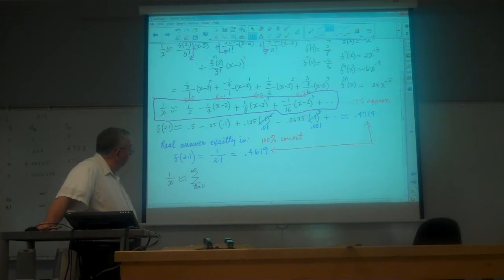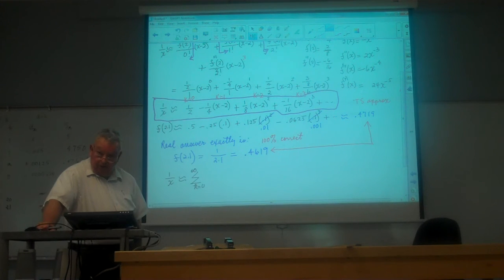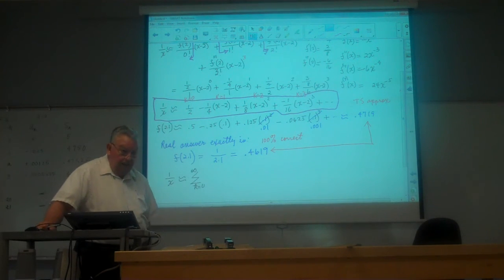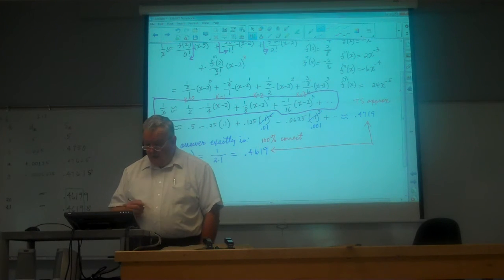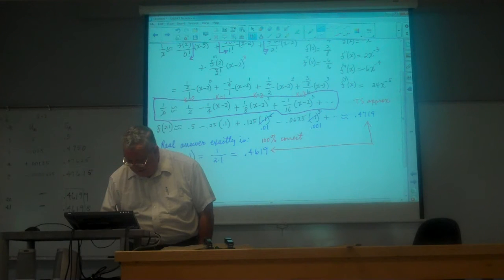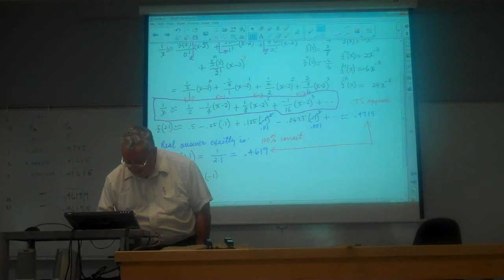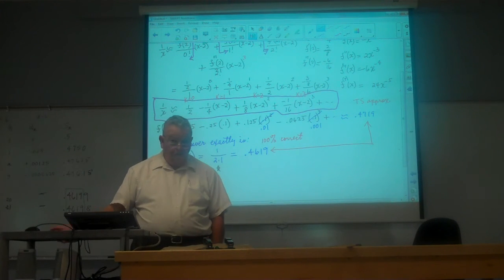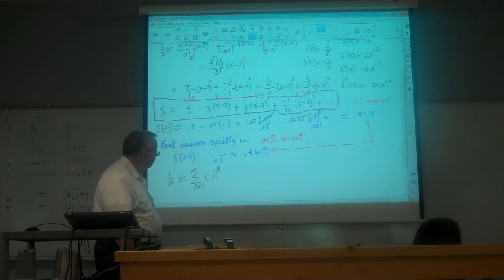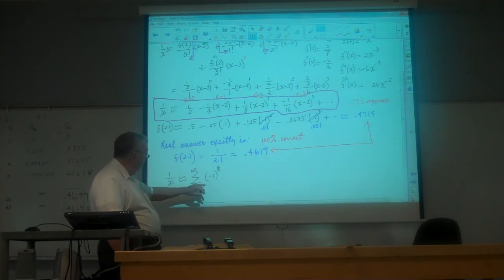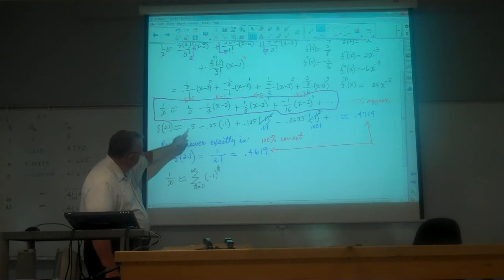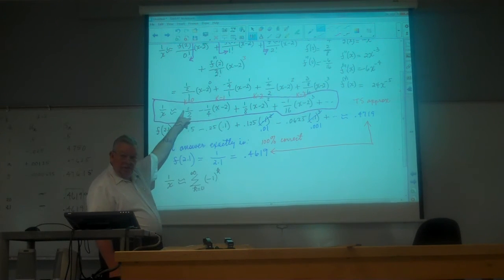So first thing is, do you notice it's an alternating series? And you remember how we make an alternating series, don't you? This is minus 1 to the k. Doesn't that make it an alternating series? And it's either k or k plus 1. The way you know whether to add a plus 1 is, the first term is positive. The 0 term is positive.